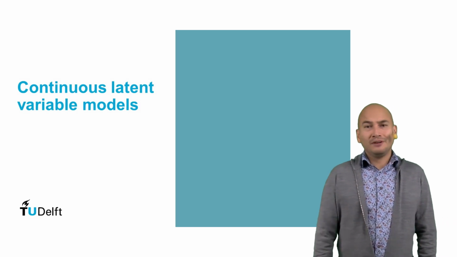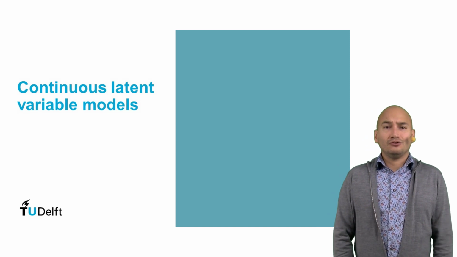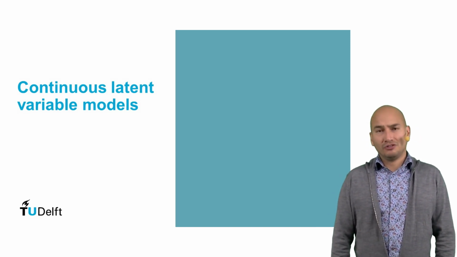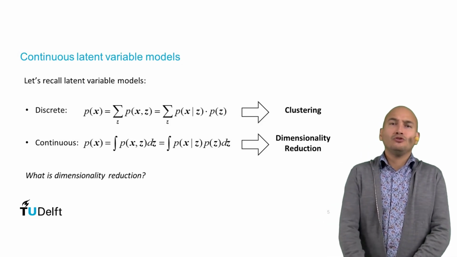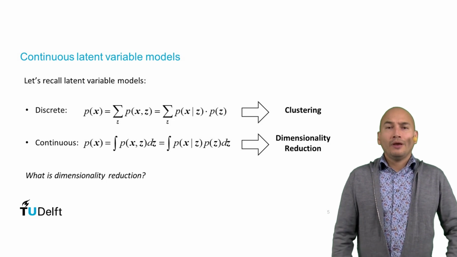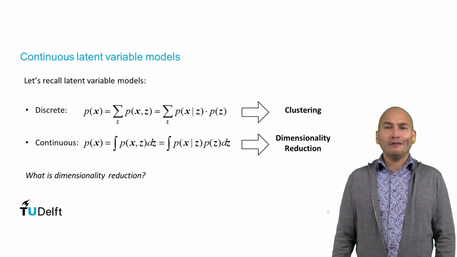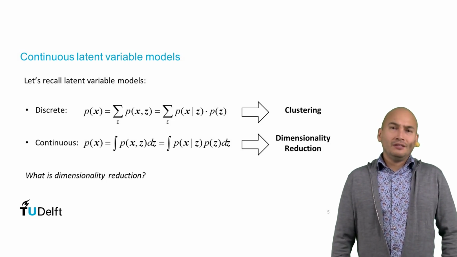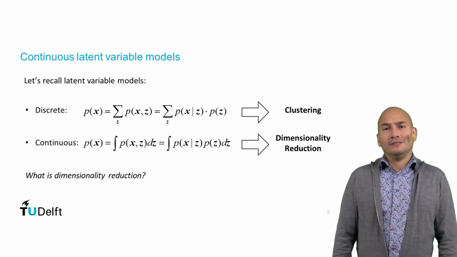First, let's briefly recall continuous latent variable models in unsupervised learning and continue with the use of the models for dimensionality reduction. In unsupervised learning, we introduce this latent variables set that can influence how we observe the input data X. Discrete latent variable models represent the problem of clustering.